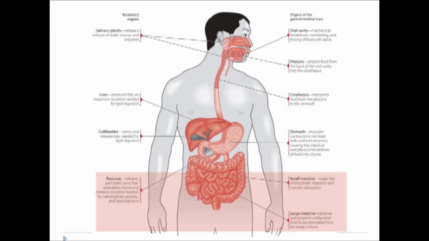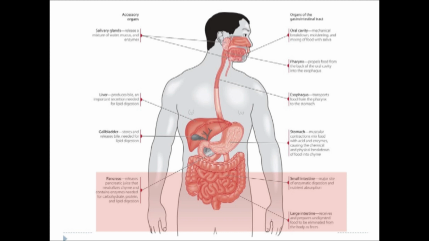Now, by contrast, in the large intestine, we're not looking at a lot of absorption taking place, but a lot of the material moving from the ileum into the large intestine is prepared for evacuation through the rectum. And it's in this segment of the intestine that we see a lot of water reabsorption and also a solidification of the fecal material.